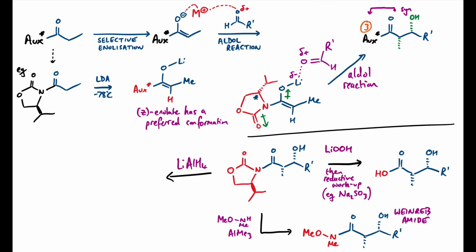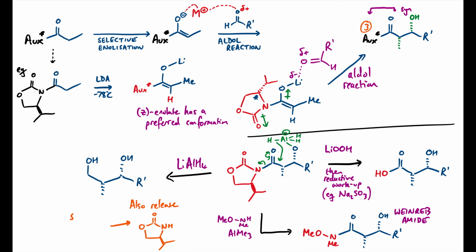Again, it's best that we do this while there's still a free hydroxyl group, because that allows some pre-coordination of the reagent to direct the hydride to the carbonyl that we want, and after a couple of steps similar to this, it gets us this diol product for future use. Now in all of those reactions, we also release our oxazolidinone, the idea being that all of those methods are non-destructive for this group.